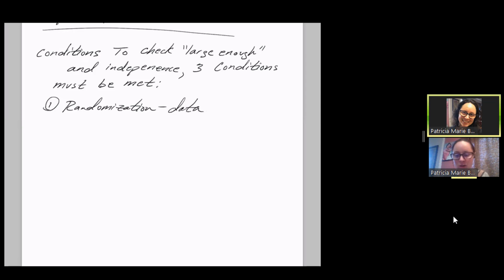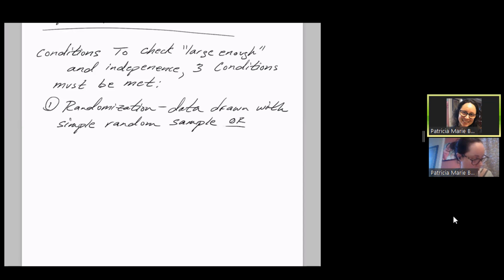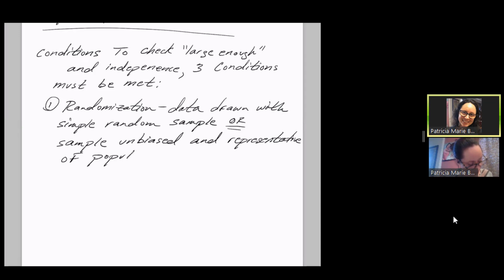So data are drawn with a simple random sample, or the sample is unbiased and representative of the truth of that population.